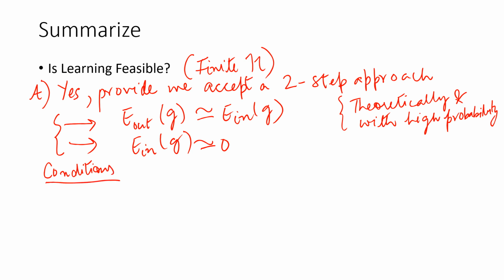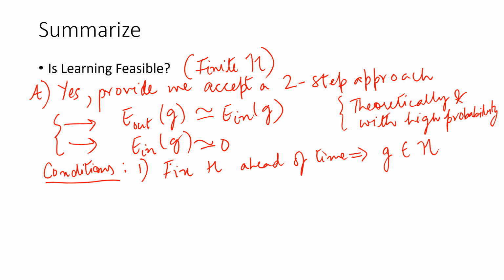The first one, and we've talked about it multiple times now, is that we have to fix the hypothesis set ahead of time in order to guarantee that this two-step process is valid. So the first condition is to fix H ahead of time, or at least ahead of seeing the data, so that my final hypothesis actually belongs to the hypothesis set that I selected initially. This is the first condition.